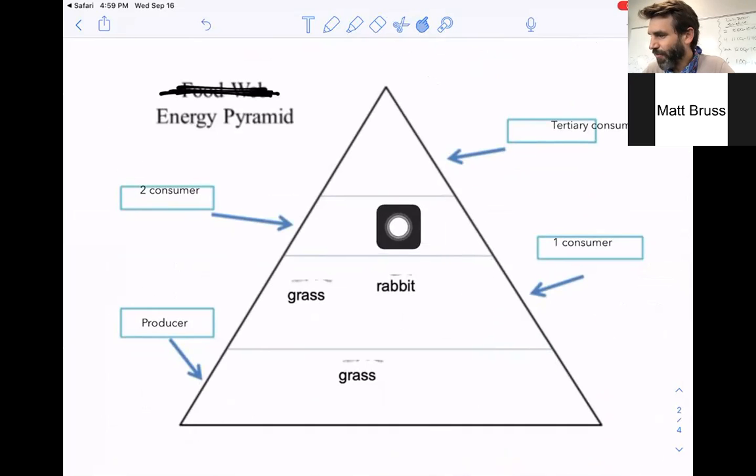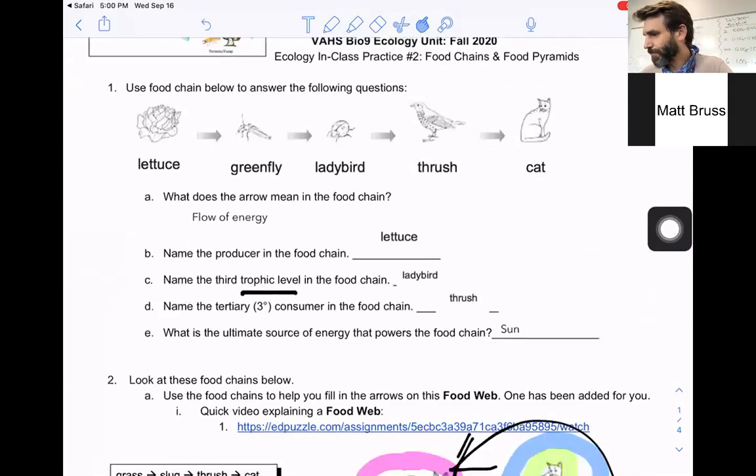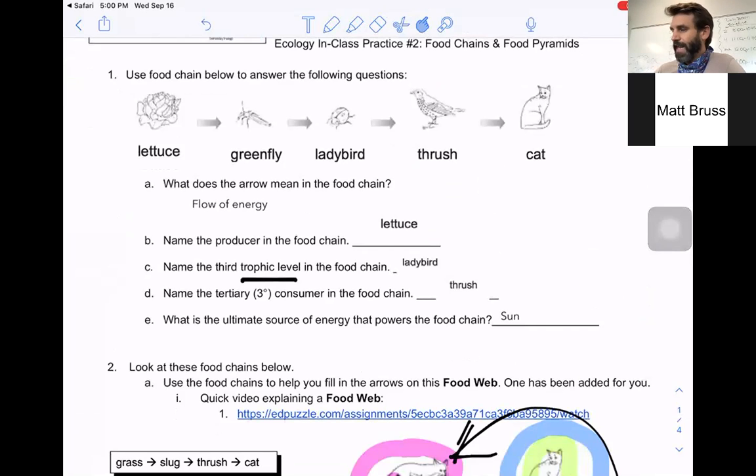And this is level number 3. So producers occupy the first trophic level. Primary consumers occupy the second trophic level. And secondary consumers occupy the third trophic level. So that can get a little confusing. So name the third trophic level in the pyramid.